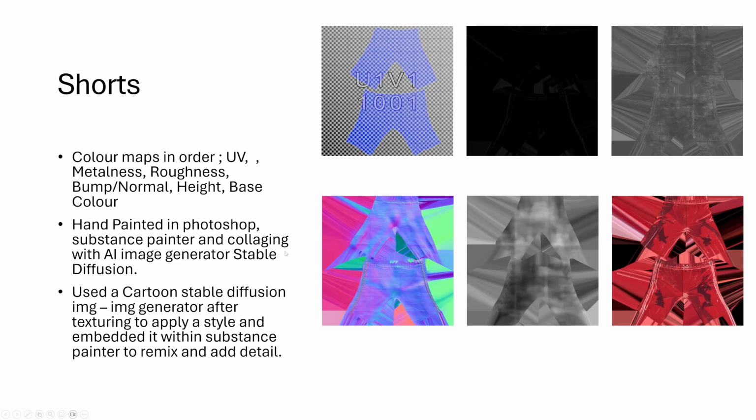I've used sort of a cartoony stylization, and I've hand painted in Photoshop and in Substance Painter. And then what I've done is I've passed it through an image to image workflow. And what I've done is then I've gotten this anime sort of stylization. Instead of just using that as my new base mesh, what I've done is I've passed it back through Substance Painter and I've added more detail.